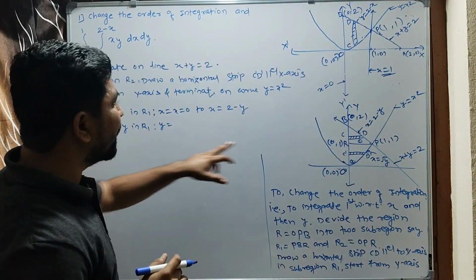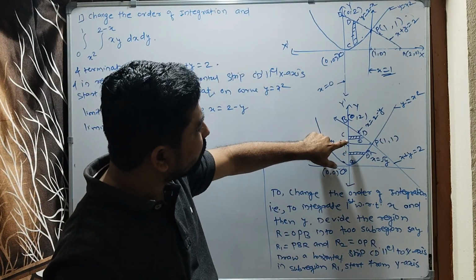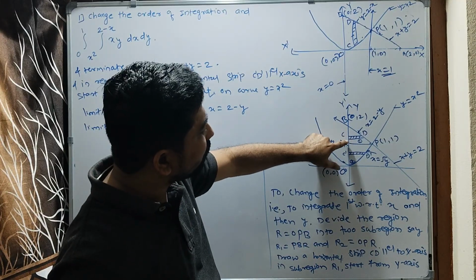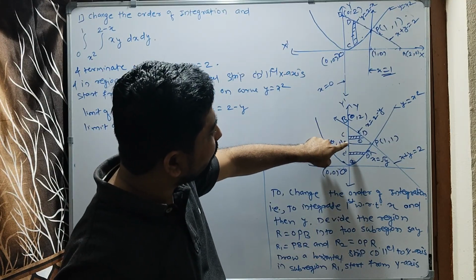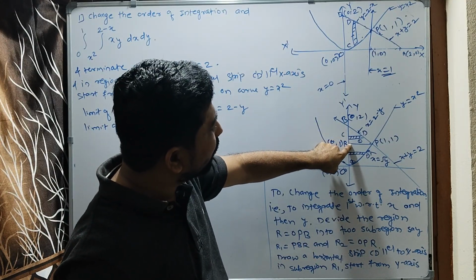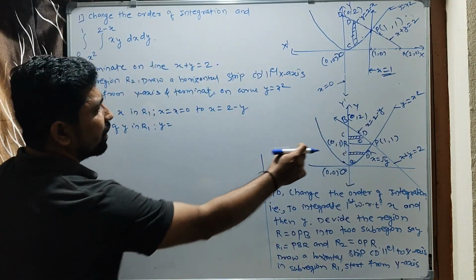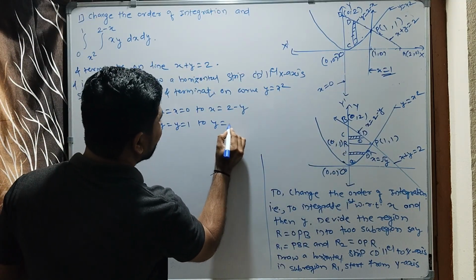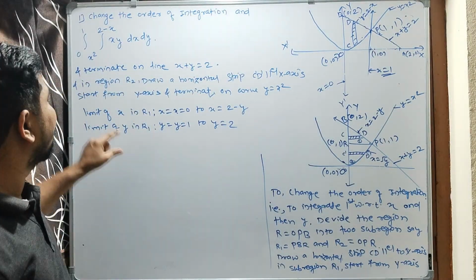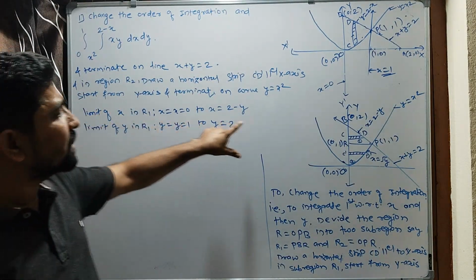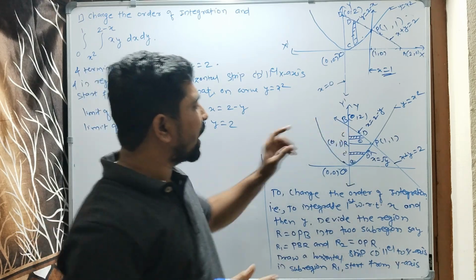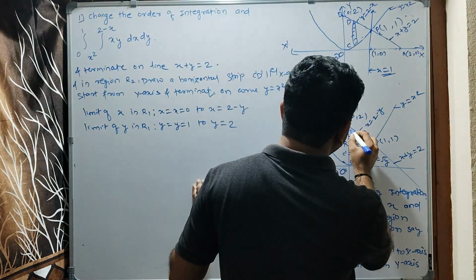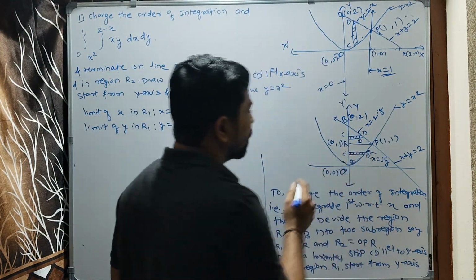My strip moves from this point to this point, so along the y-axis y equals 1 to y equals 2. These are the limits of x and y in my sub-region R1. This is my region R1 and this is my region R2.